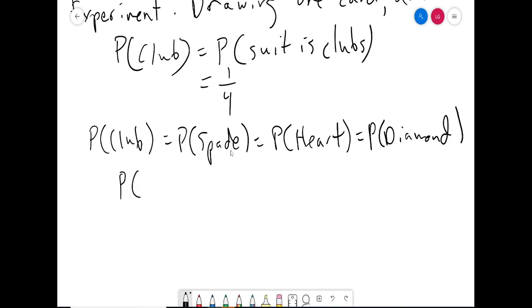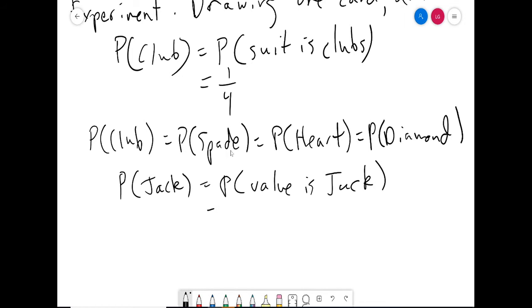Through a similar set of reasoning here, the probability of getting a jack, right? You've drawn a card and having it be a jack is 1 out of 13.